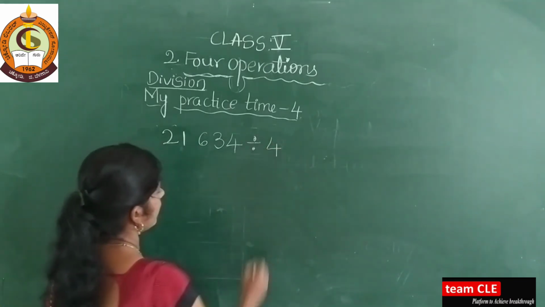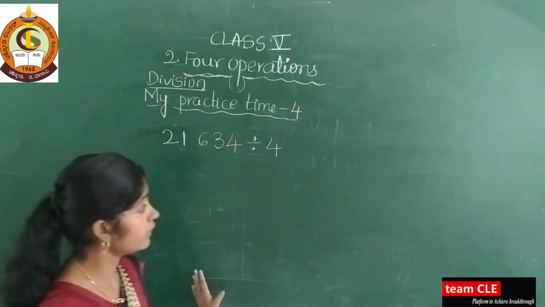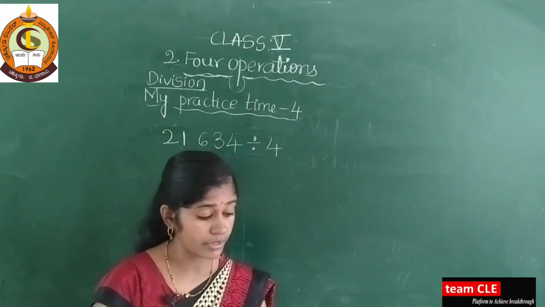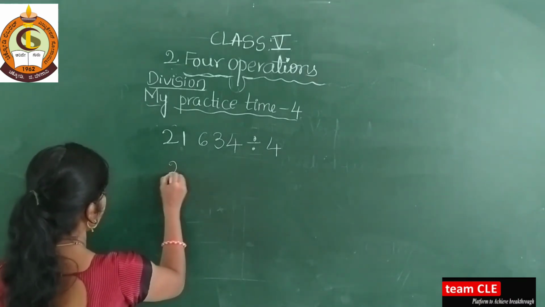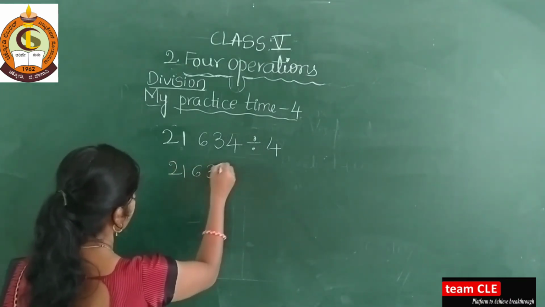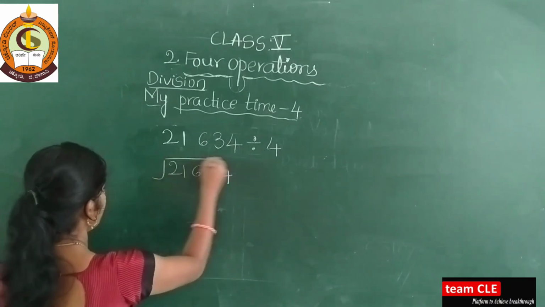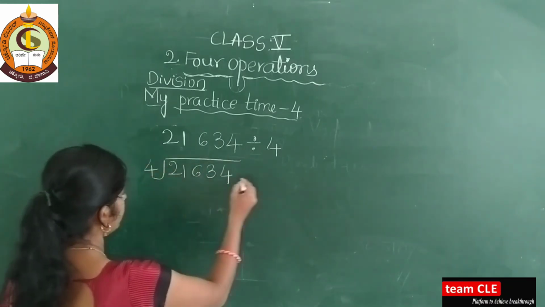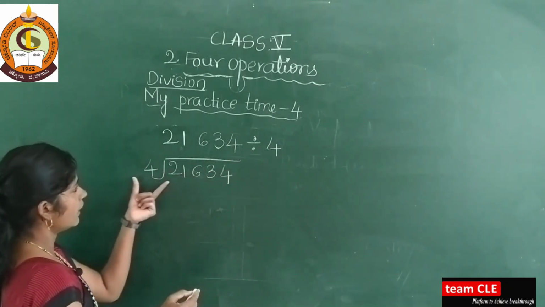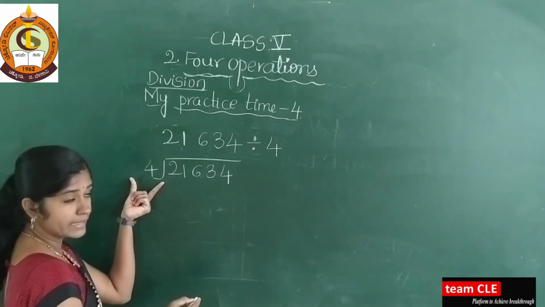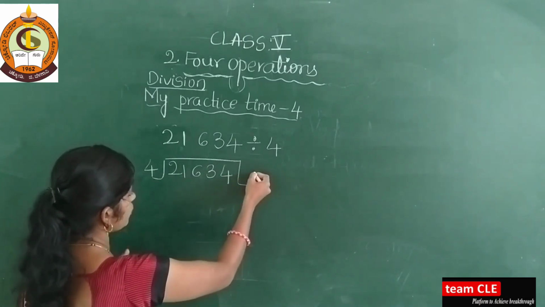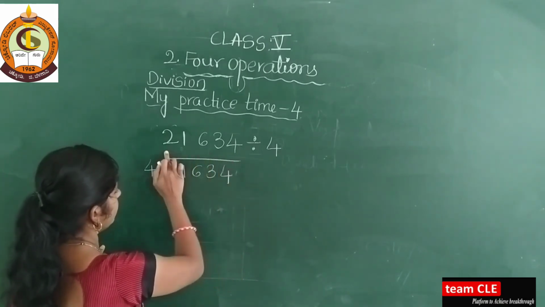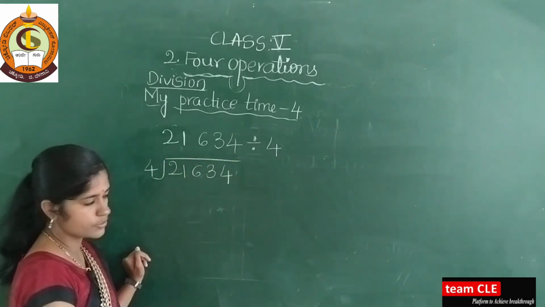Again you need to divide the number, and again we need to verify our answer. Write here, this is the dividend and this is the divisor. If you write the quotient here, that is also correct, and if you write it upside, that is also correct.